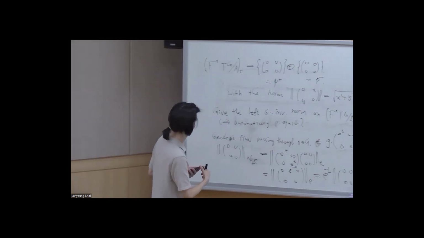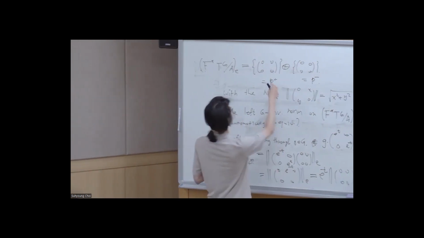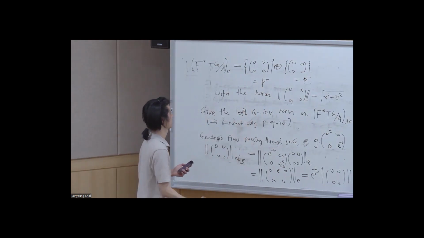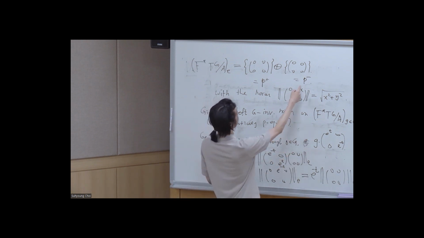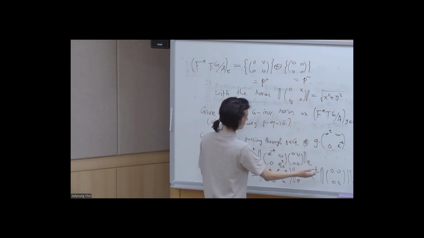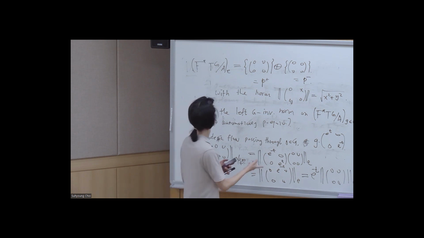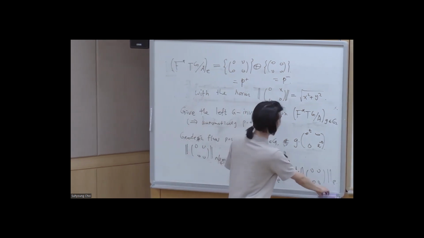So we have a contraction property along the P plus direction. And we do the same computation, and it will tell you that along the P minus direction, we have a dilating property. So this is an Anosov representation.